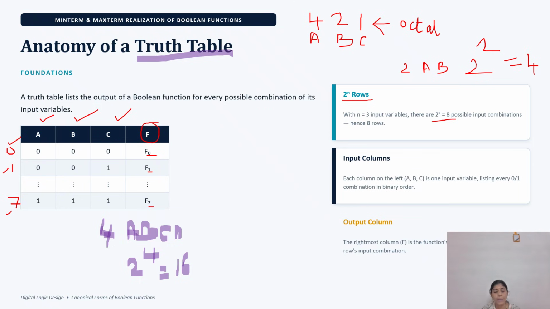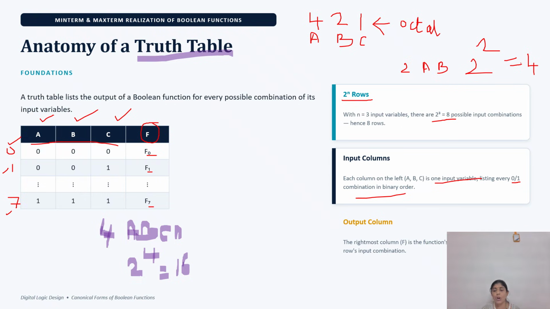Here, what are your input columns? Input columns are A, B as well as C. Each input column has one input variable, which may be a combination of zeros and ones. So what is your output column?